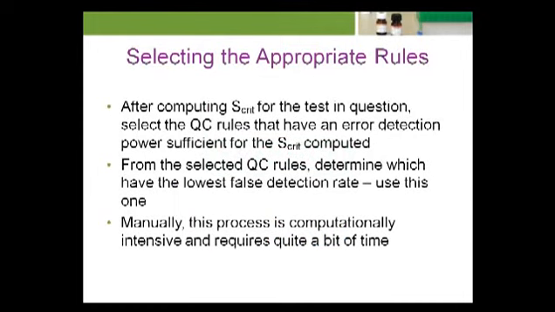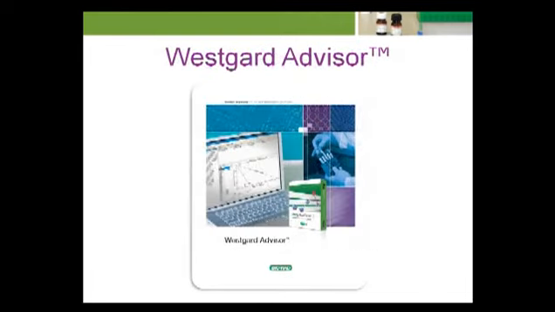These computations will allow you to optimally select the QC rules appropriate for your laboratory. The main problem with them is the time and effort required to do them. In conjunction with Bio-Rad, Dr. Westgard has automated this process with Westgard Advisor.